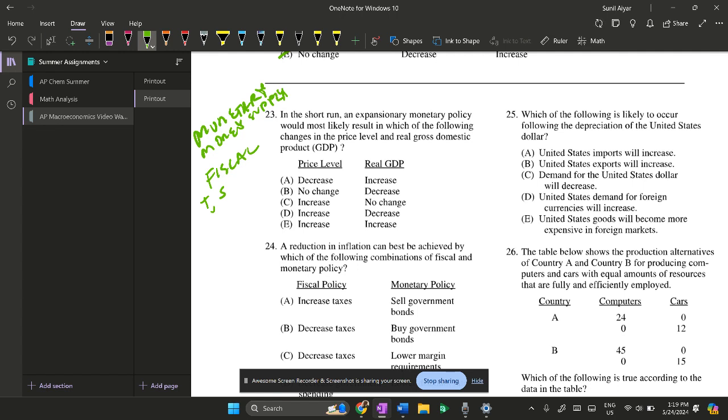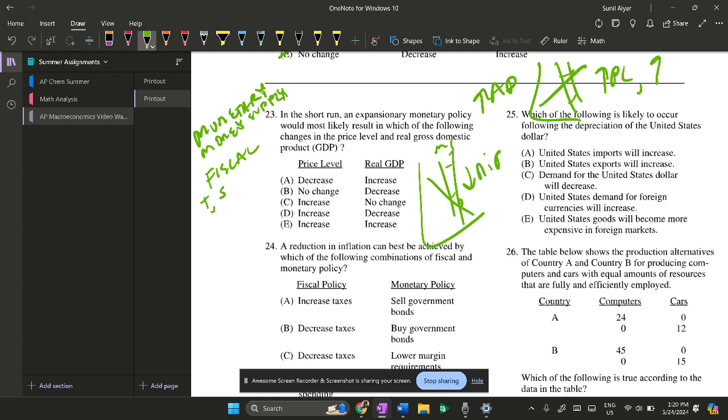If you don't know that, that's the basic econ principle. So, expansionary monetary policy: a decrease in nominal interest rate, which would increase AD, which would increase PL and increase Y.